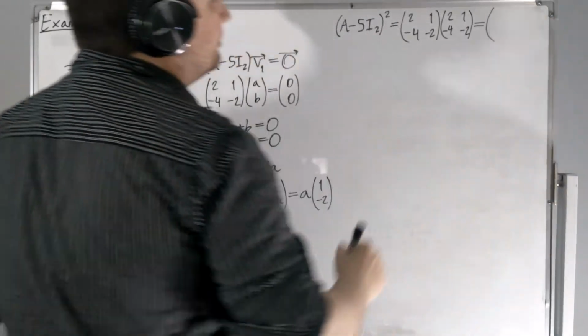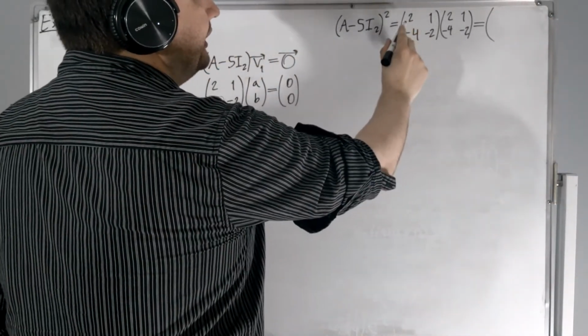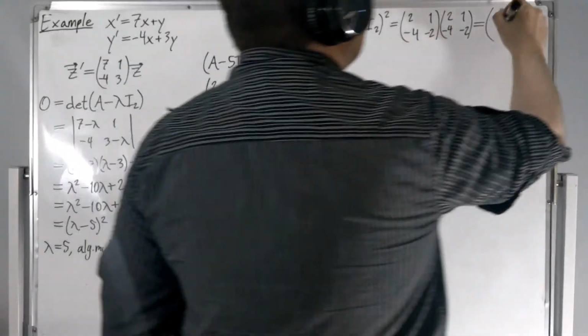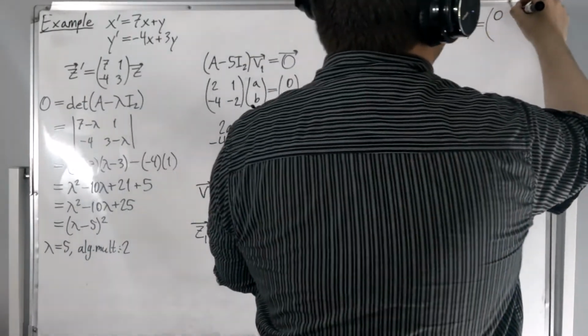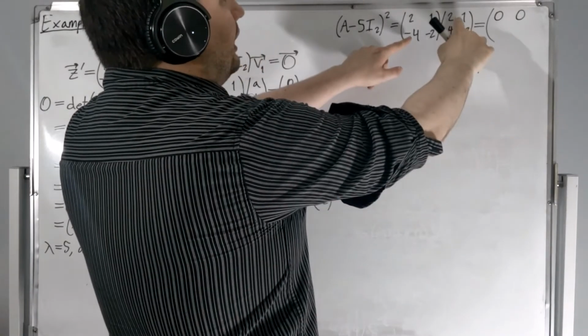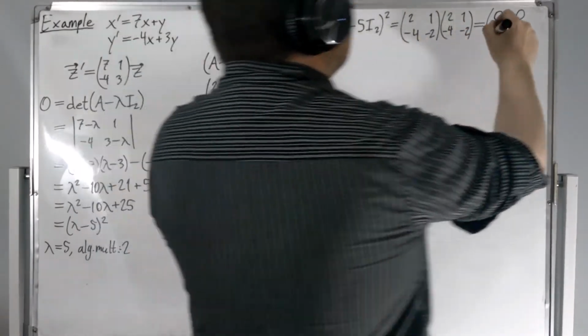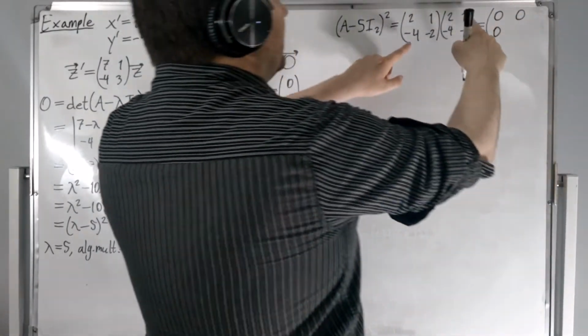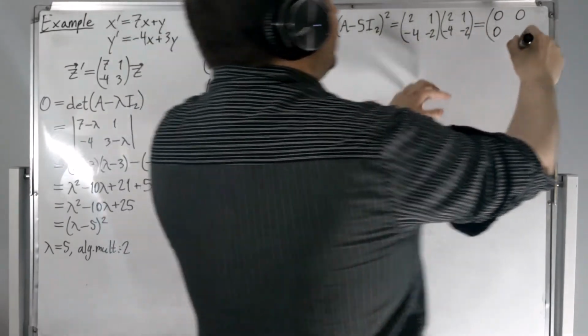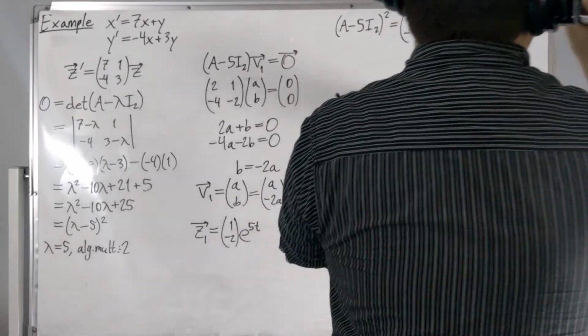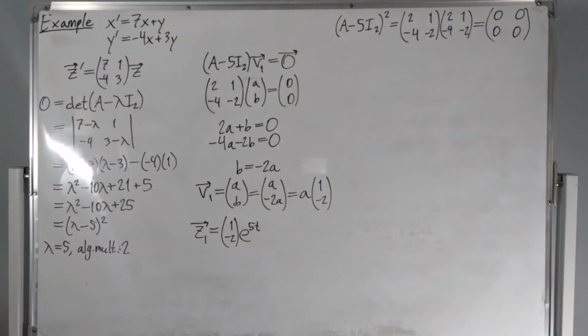You multiply through, this becomes, let's see, 4 minus 4 is 0. 2 minus 2 is 0. 8 plus 8 is 0. And then negative 4 plus 4 is 0. So just as typically, we get that this matrix is the 0 matrix.